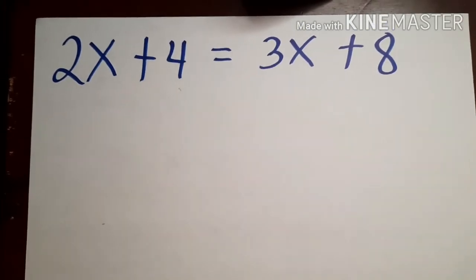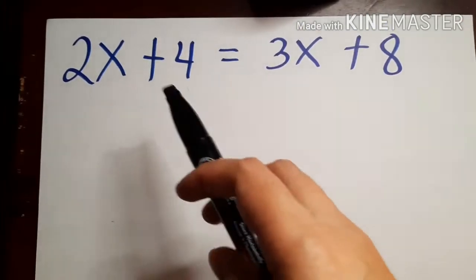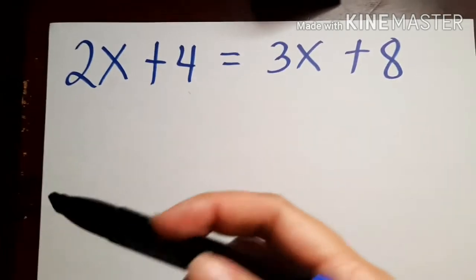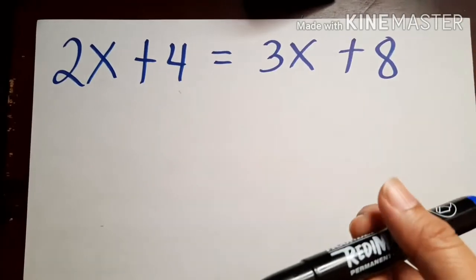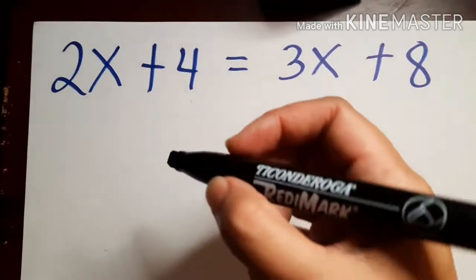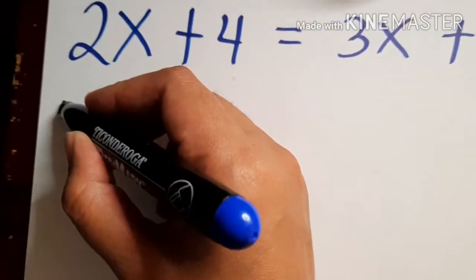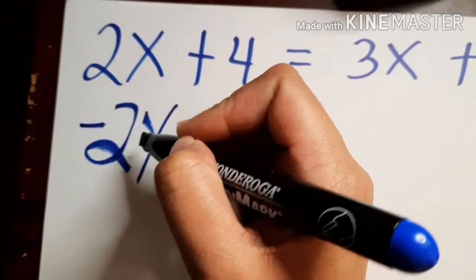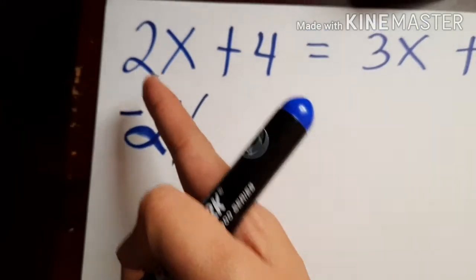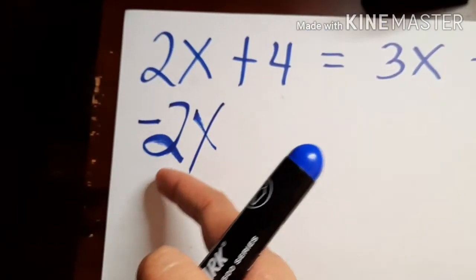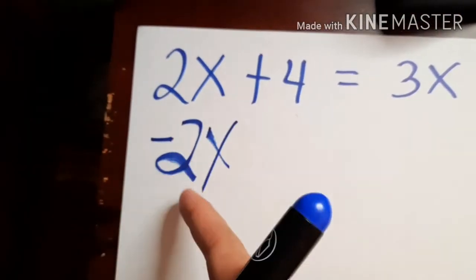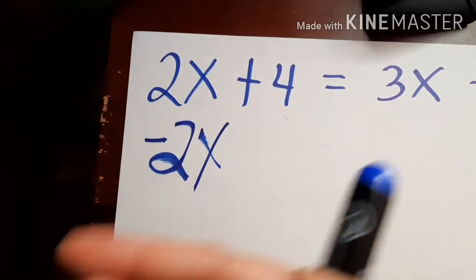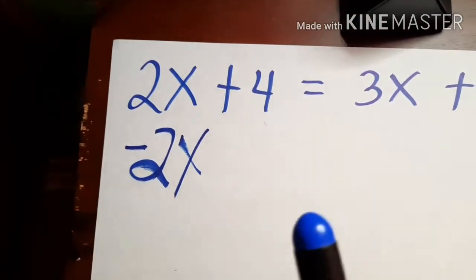The inverse of positive 2x is negative 2x, or simply subtracting 2x here with another 2x. Okay, so remember, when I subtract 2x minus 2x, or positive 2x and negative 2x, that would give us nothing. So that would be canceled out.